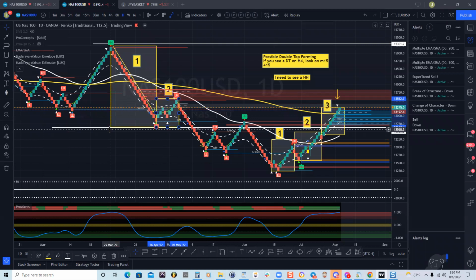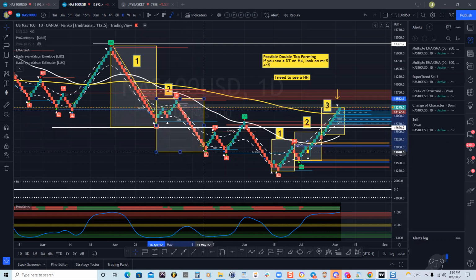So pullback 3 is going to be where? I bring it down to that high low. Bring it down some more. Oh, you mean pullback 2? No, I'm saying where it would end at the bottom, the low. Yeah, keep going. Right there.